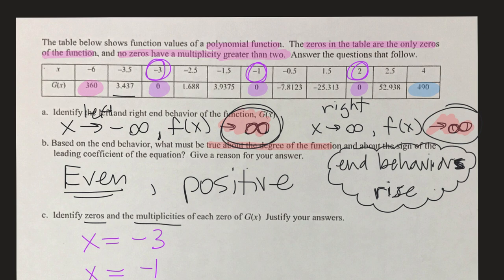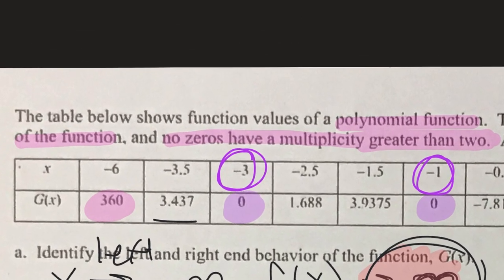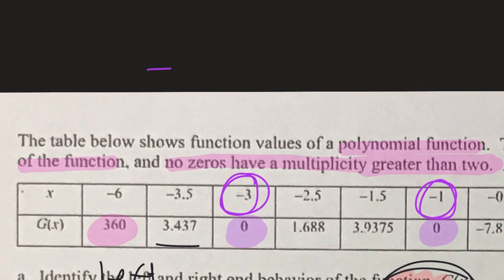Now, what can we say about the multiplicities? So let's look at these y values that are around -3. Okay, so here we have -3 as the x value. On the left at -3.5, we have a y value that's positive. Right?